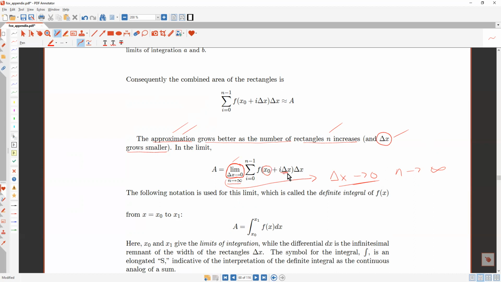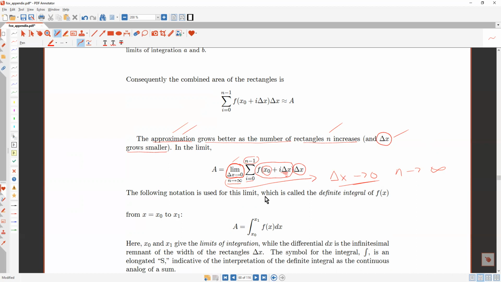plus all of those little changes. That's what that's doing. So this is the function along the y-axis times the change in x over here, starting at i equals 0 up to n minus 1, and you are adding up all of those little changes.